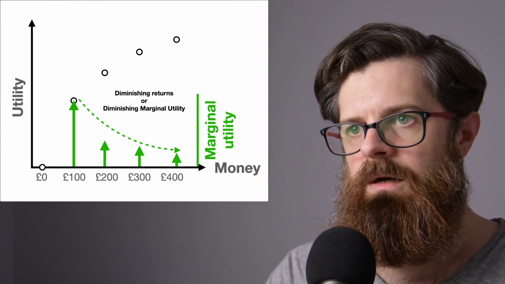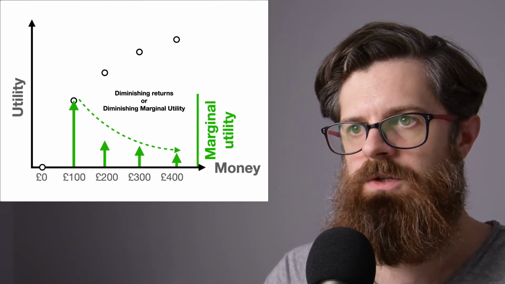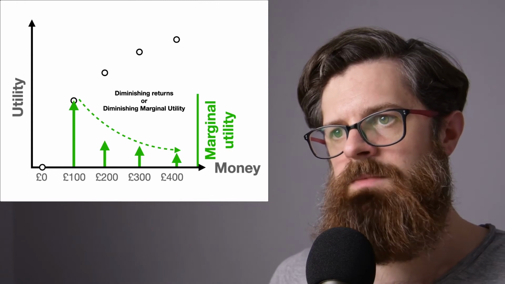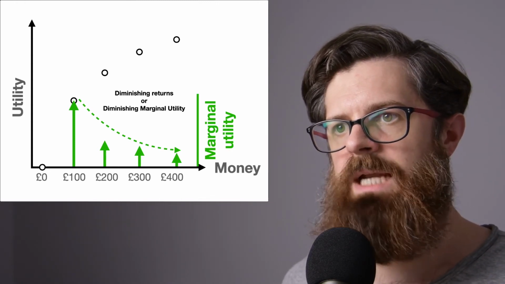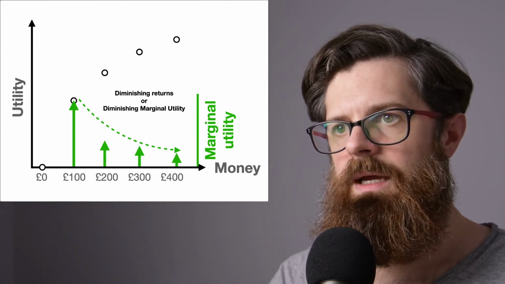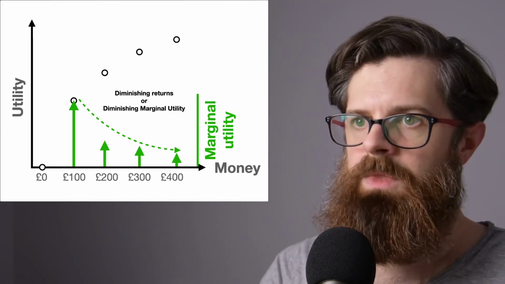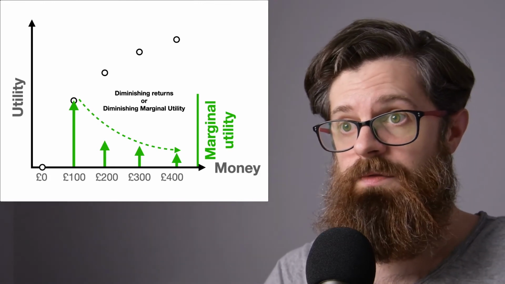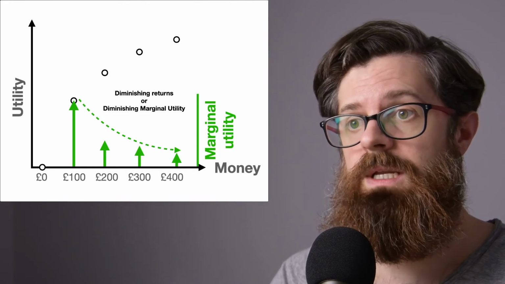Economists in particular refer to this as diminishing returns or diminishing marginal utility. To be a little bit more specific, what we're saying is that this subjective utility curve represented by the black dots is increasing, but it's increasing less. So you could say that this curve has the property of having diminishing returns or diminishing marginal utility.